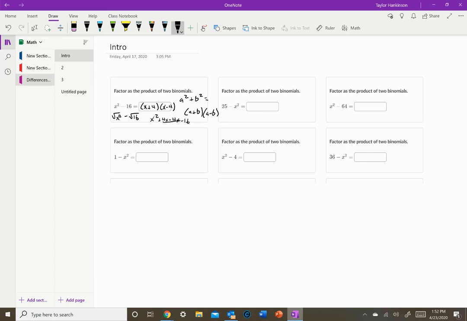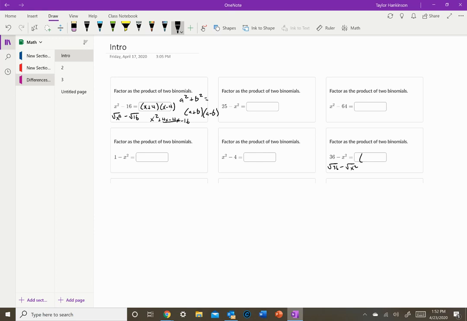Let me look at this bottom right one down here. This one's a little bit different because the x squared term is second, but we're going to do it the same way. Let's do the square root of 36 minus the square root of x squared.